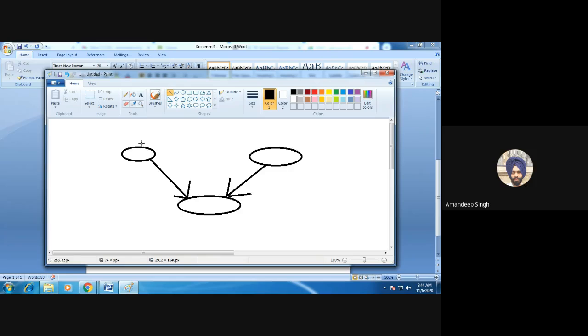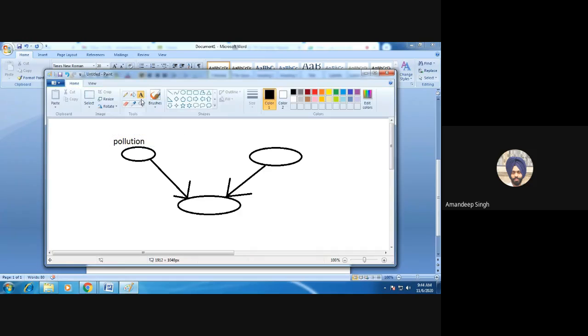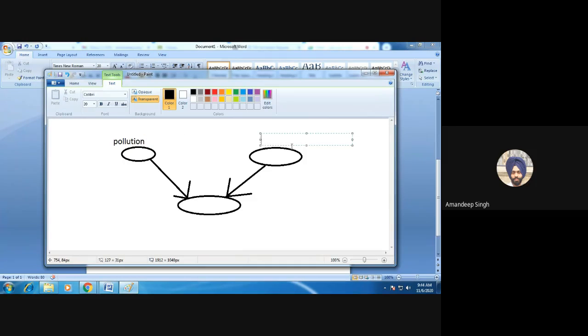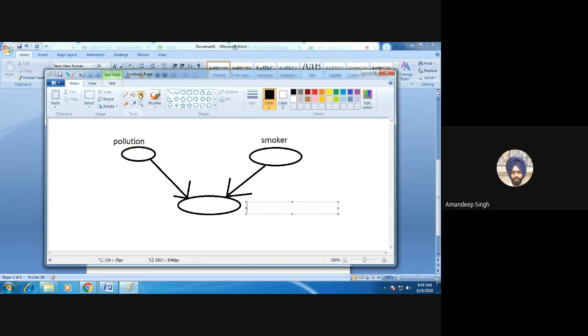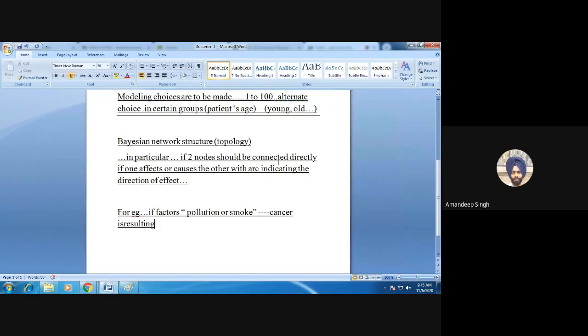Now suppose this is our factor, pollution is there, and this factor is leading to cancer. So what we are discussing is, if the two nodes are causing the other one, then these nodes should be connected directly with the arc indicating the direction of effect basically.